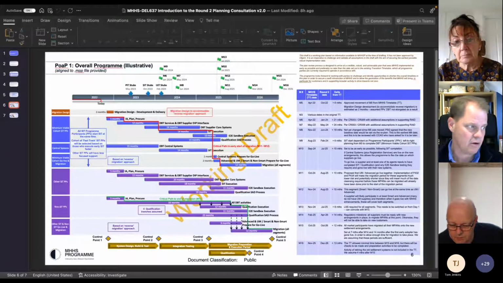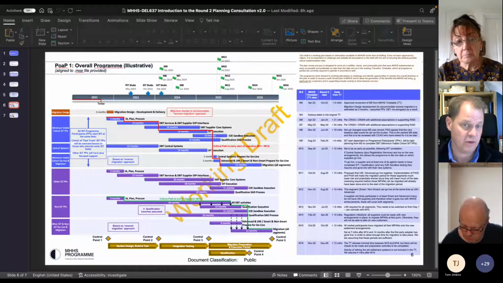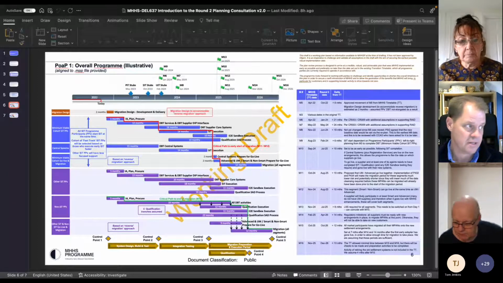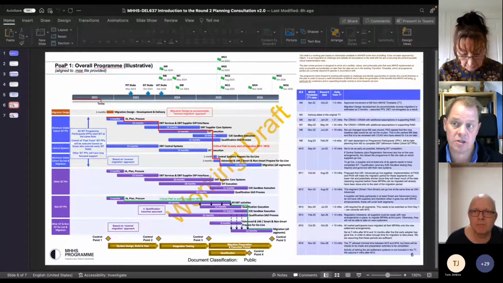We've now defined what the processes look like for migration and the increment for reverse migration. So it's really important that we understand the impact of the reverse migration design, build and test activities as well in here. Have you given that to St Clements actually, Jason? Has St Clements got clarity on that?